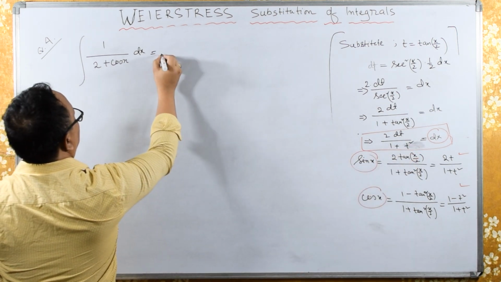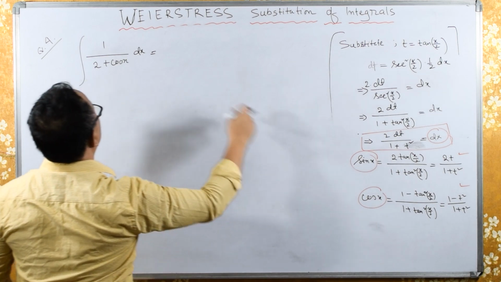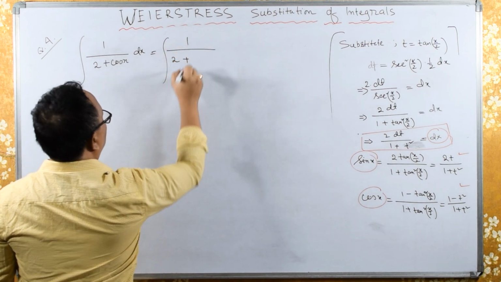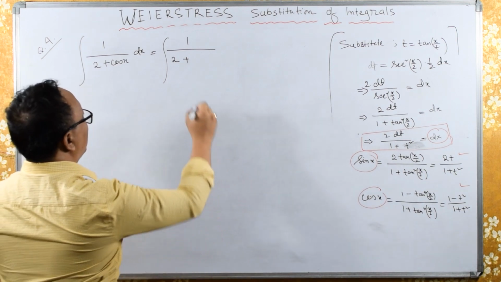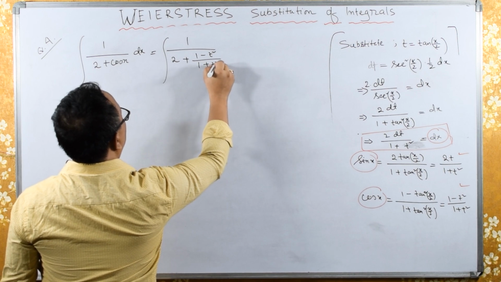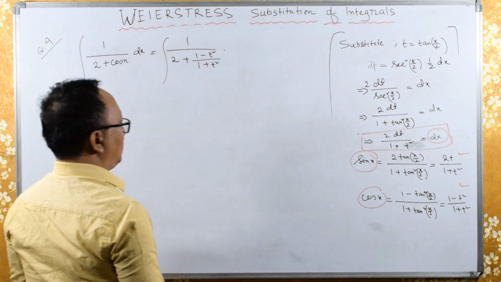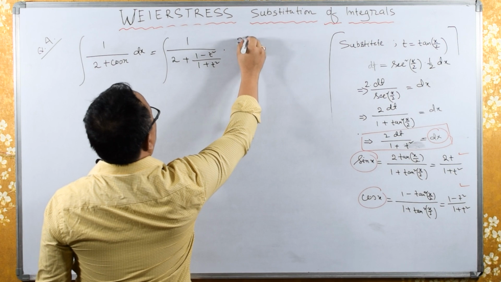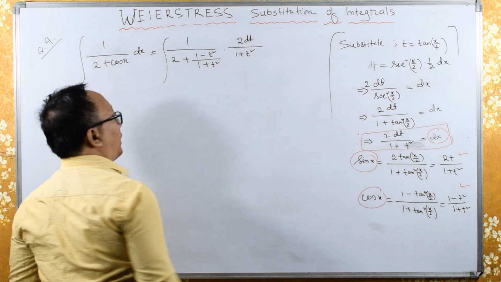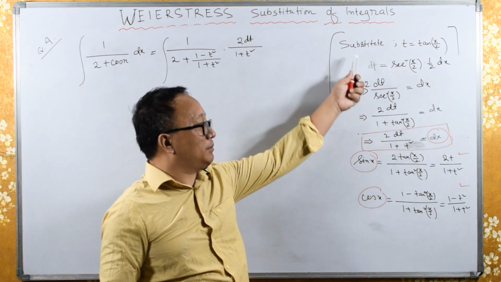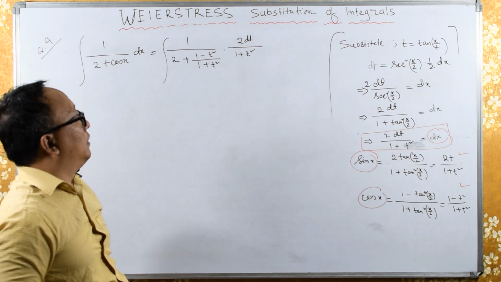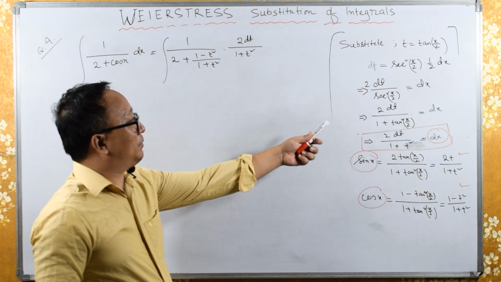By substituting this, integral 1 upon 2 plus cos x is 1 upon 2 plus 1 minus t square upon 1 plus t square. What is dx? dx is 2 dt upon 1 plus t square. All these substitutions you can see in my previous lectures, how they are derived from the Pythagorean theorem, or from the trigonometric triangle.